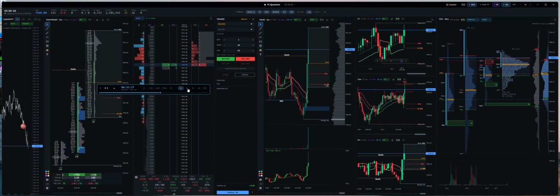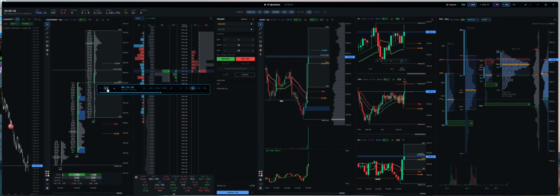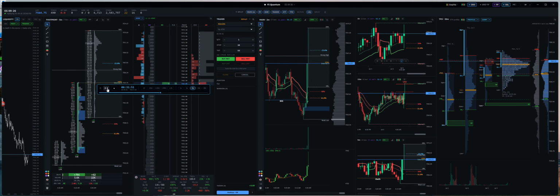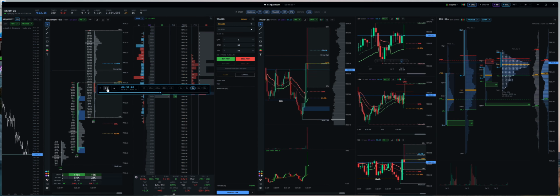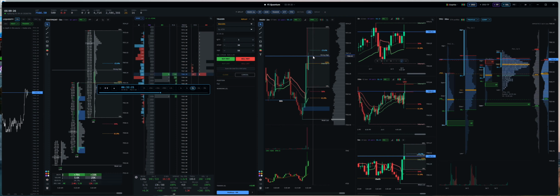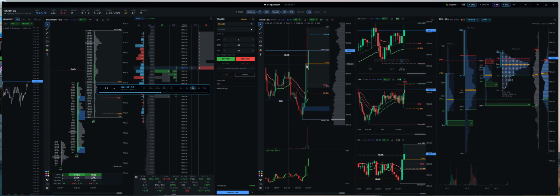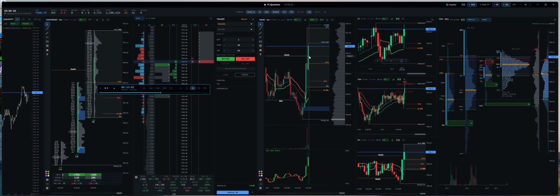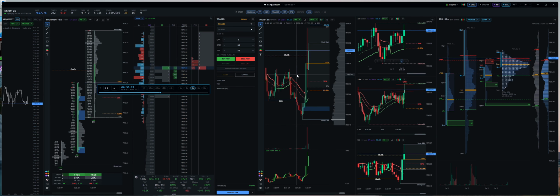I'm going to increase the speed at which it plays, and we'll see if we can get an entry near the strong low. It's still a strong high until we get the change of character. This is a 2-minute time frame, so it's kind of battling here. You close above, and then you will get the change of character.